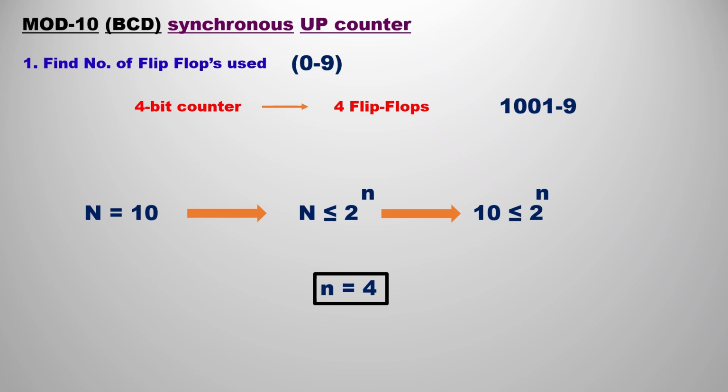The formula is capital N equals 10 here because this is BCD. So capital N is less than or equal to 2 power n. So 10 is less than or equal to 2 power n, where n equals 4, because 2 power 3 is 8, right? So we can say we are going to use 4 flip-flops for the BCD counter.